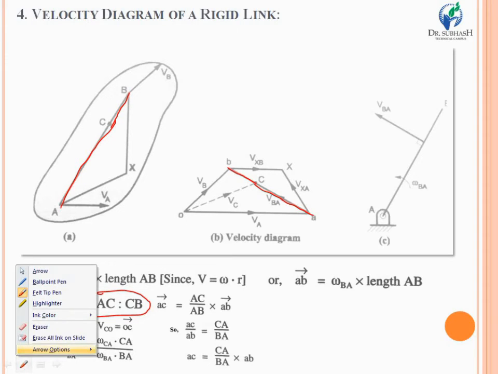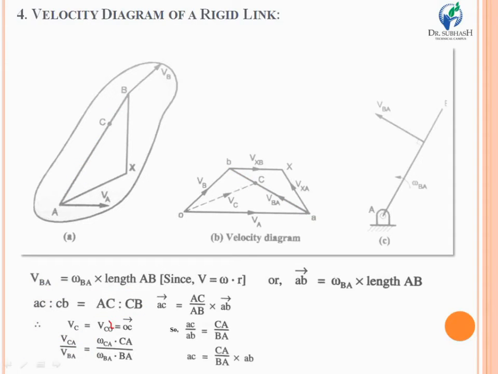So that is the first condition: in order to calculate for any point given on any kind of link where you require the determination of velocity and acceleration, you have to take a ratio, and this ratio should satisfy this basic division rule. Once you divide this link and vector through similar proportion, it is very easy to calculate the velocity of C.